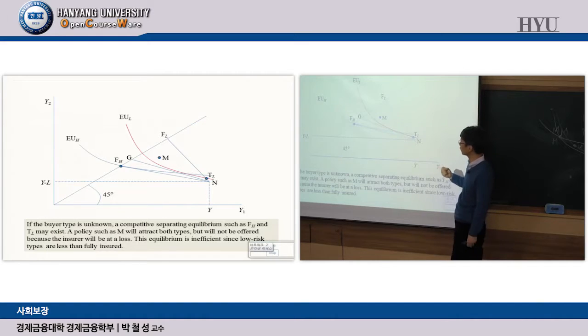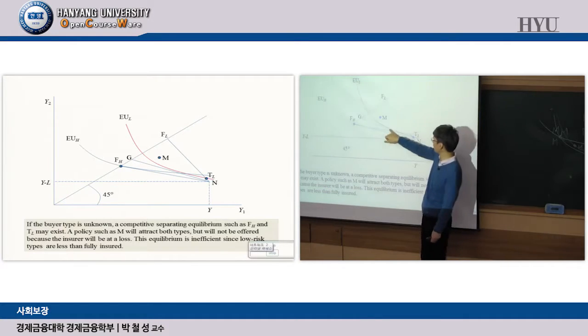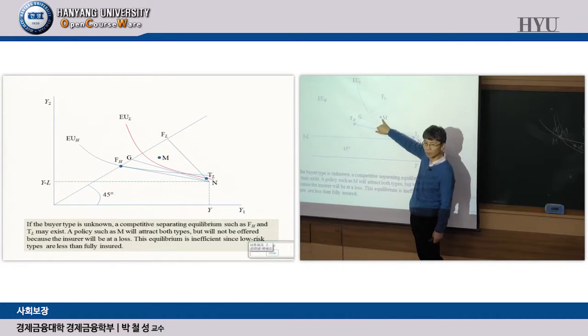Can they pull them together? That means they should offer a policy that attracts both high risk and low risk types. For example, if they offer M, they will pull both types, because low risk likes this and high risk likes this.